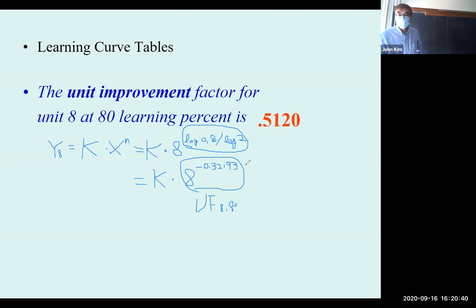So that is the same as 0.5120. So this one is the same as k times unit factor. So the unit factor equals x to the n power, log b divided by log 2, the same. Question so far? Okay, good. Clear.